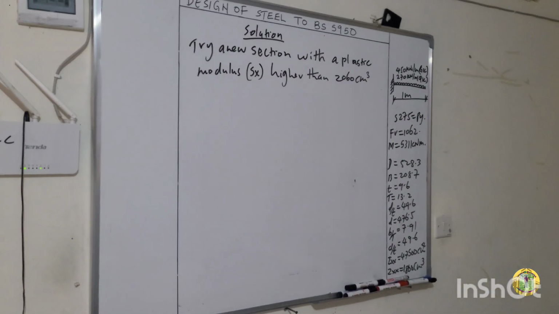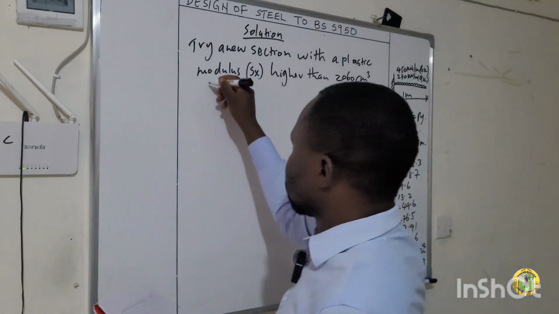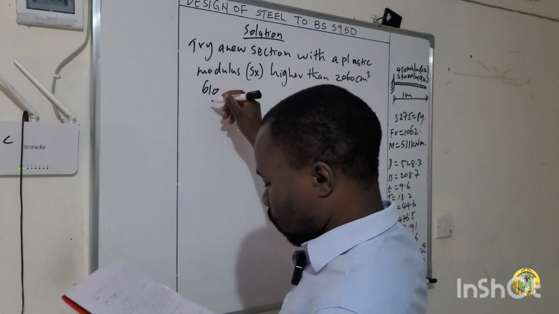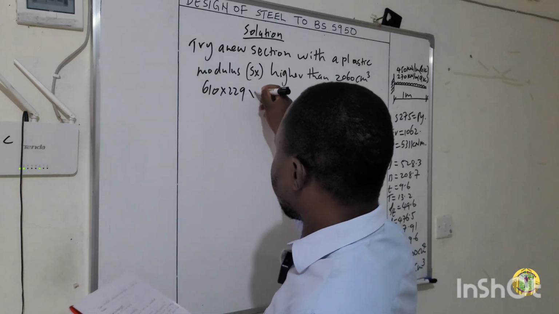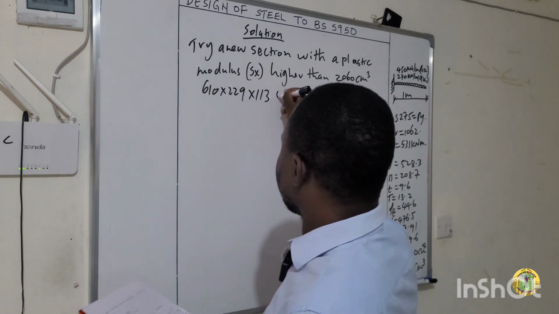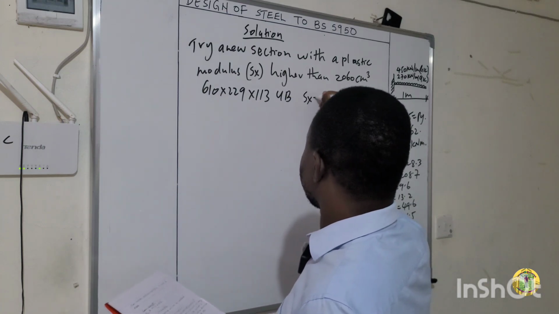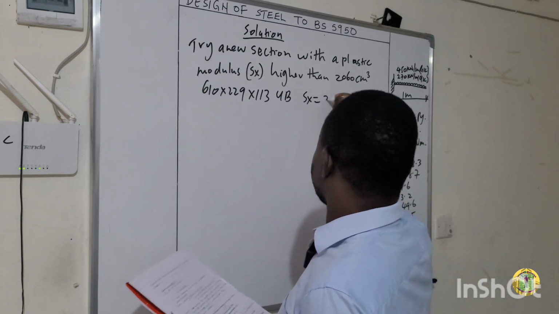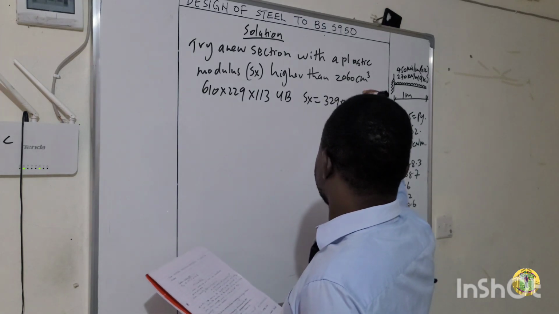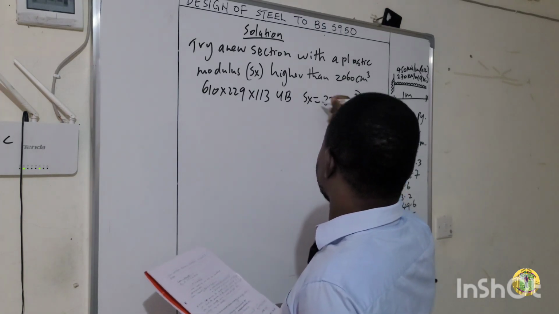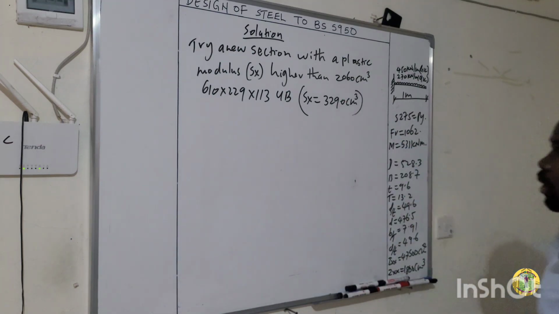So this is what I have selected: 610 by 229 by 113 universal beam, and the SX is equal to 3290 centimeter cubic. So as you can see, this value is higher than this.